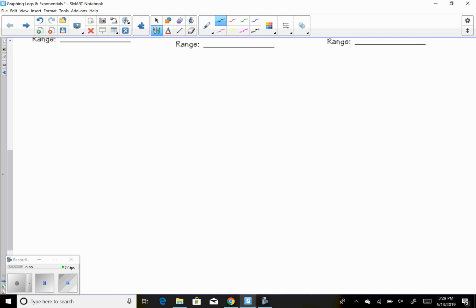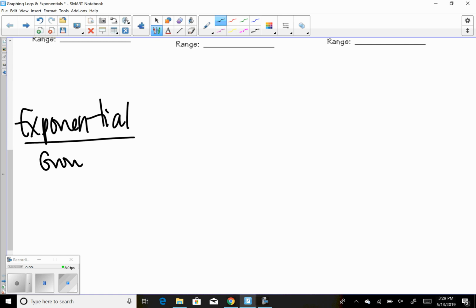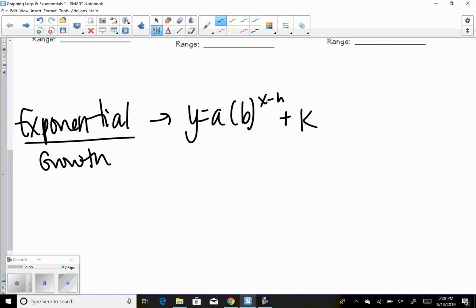So exponential functions, you have two kinds. You have growth. Well, the general form is y equals a times b to the x minus h plus k. All right, we have growth and we have decay.